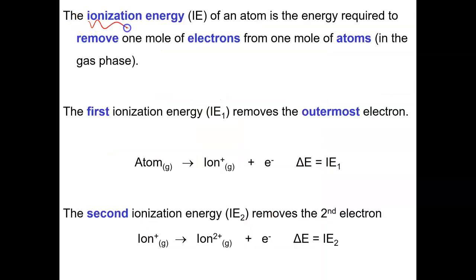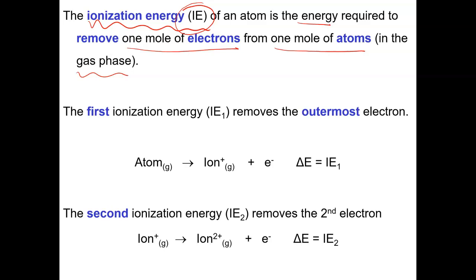So our second periodic property that we wanted to look at is the ionization energy, often abbreviated IE. What this represents is the energy needed to remove 1 mole of electrons from 1 mole of atoms that are in the gas phase.